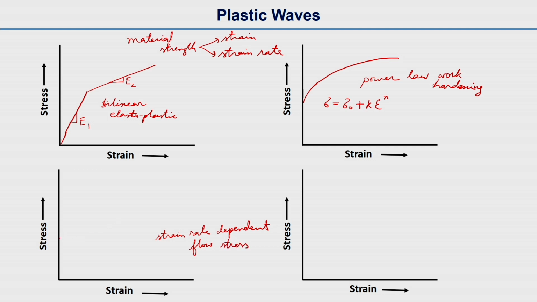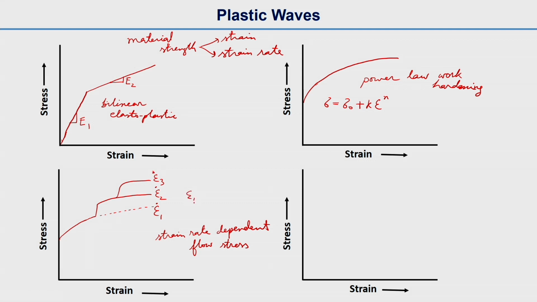What happens here is, let us say you have a flow stress behavior like this at a strain rate epsilon dot, and then if we increase the strain rate, it will look like this, and if we increase the strain rate more, the stress strain curve looks like this.